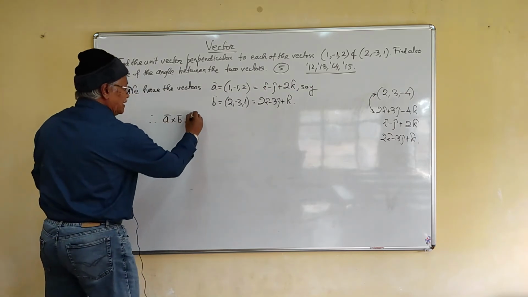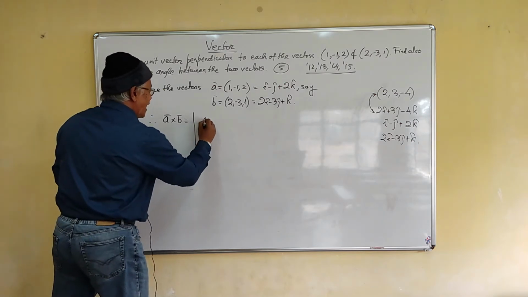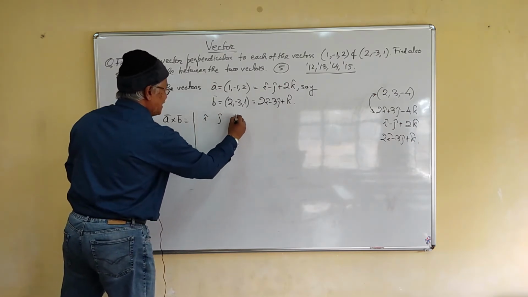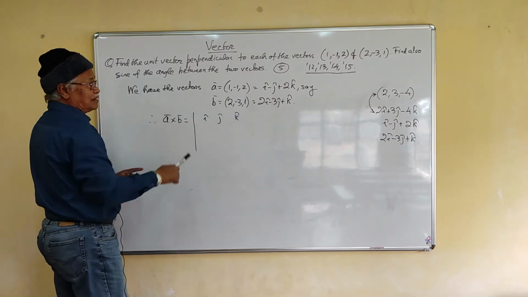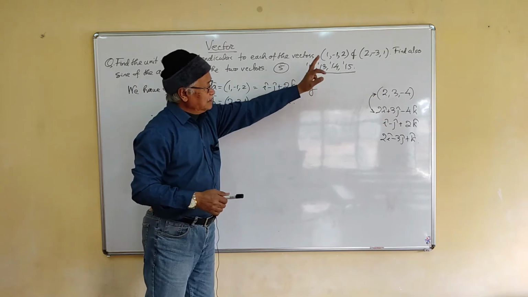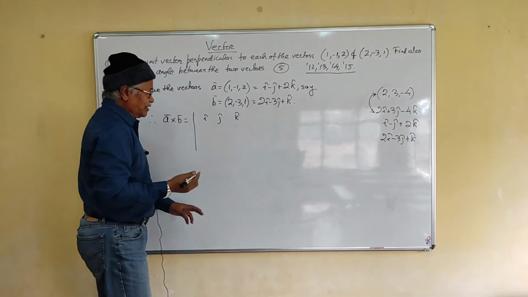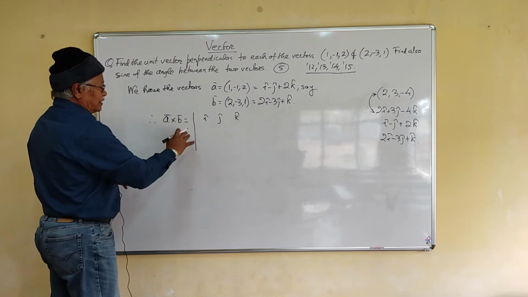A cross B, as we have already seen, can be written with i, j, k on the top, right? Mind you, this particular sum was said so many times in the years 12, 13, 14 and 15, serially. Okay, that is a different thing altogether.